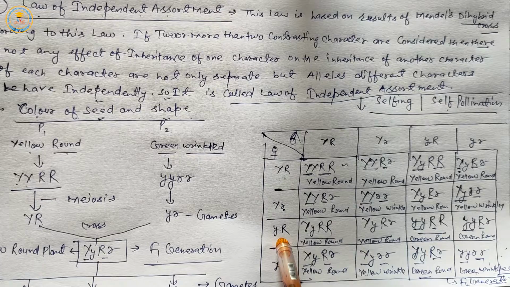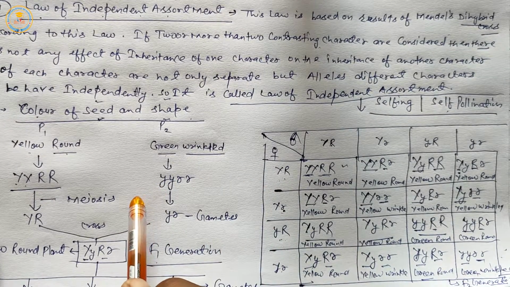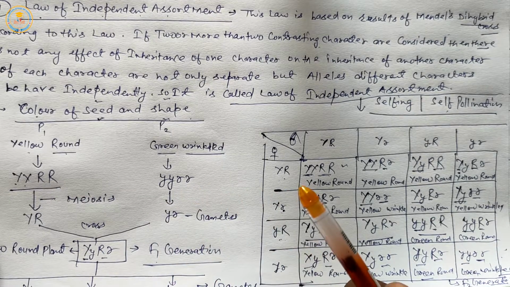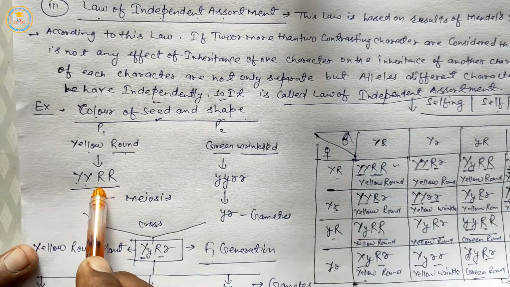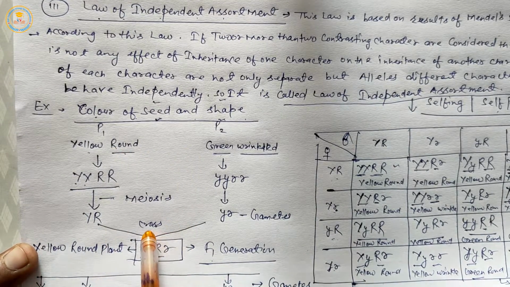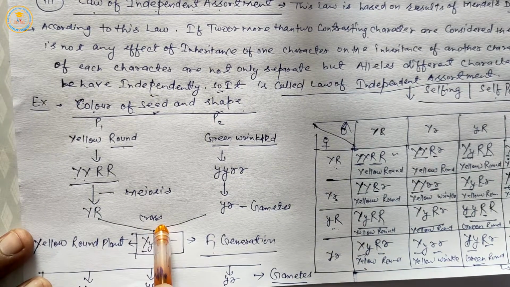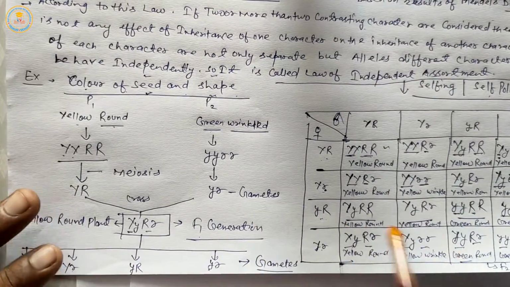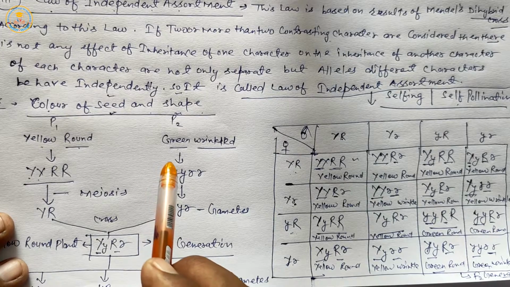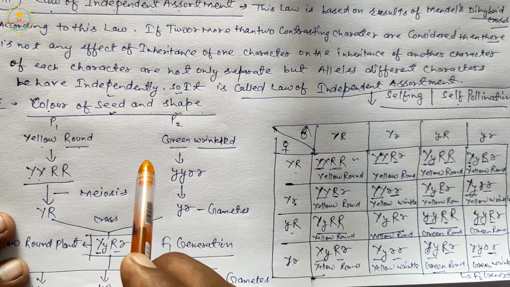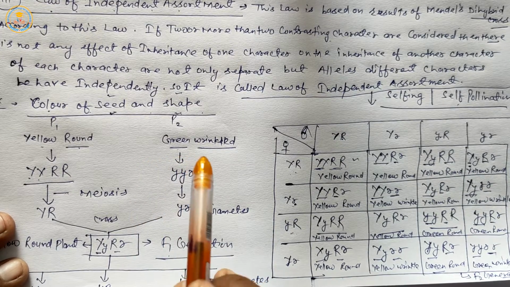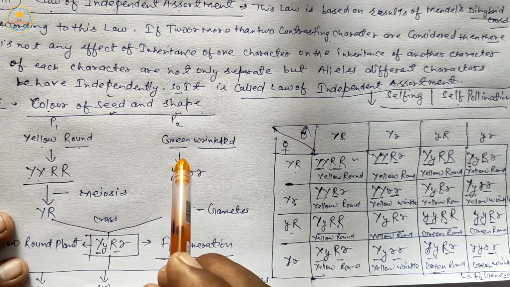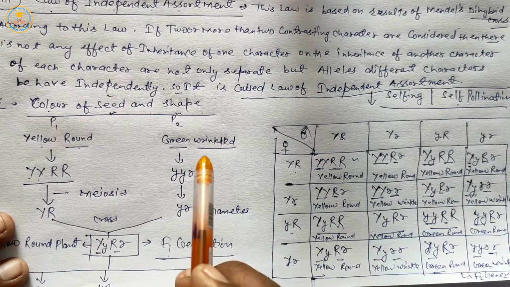In the F2 generation, one character's inheritance has no effect from another character. Each character's inheritance is independent, so it is called independent assortment.